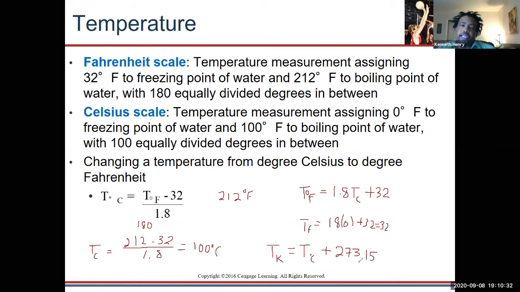Sometimes you'll just see it written as 273. Depends on how anxious you get, okay? So how many degrees Kelvin is 0 degrees Celsius? 273.15.